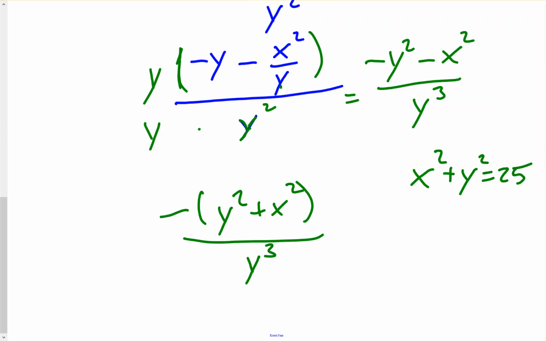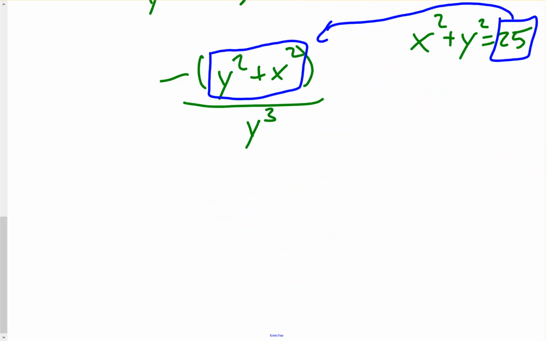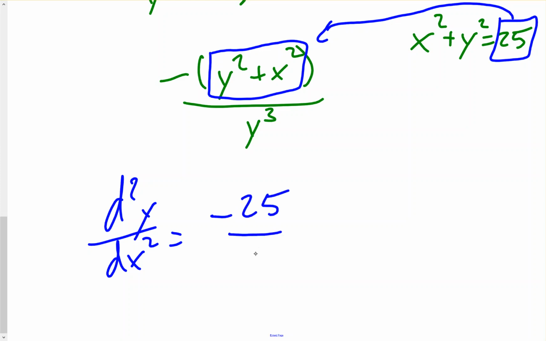You're going to swap this out, so 25 will go in the place of x squared plus y squared. Okay, so your final answer for the second derivative is negative 25 over y cubed. And that would be the final answer.